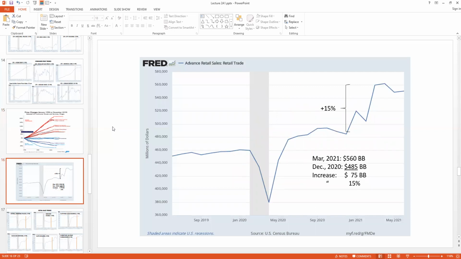So this takes us to retail sales. How has the US economy been faring with regard to retail sales? In December of last year, retail sales were $485 billion. By March of this year, 560, an increase of 15%.